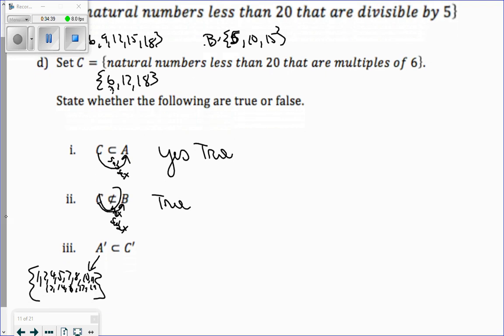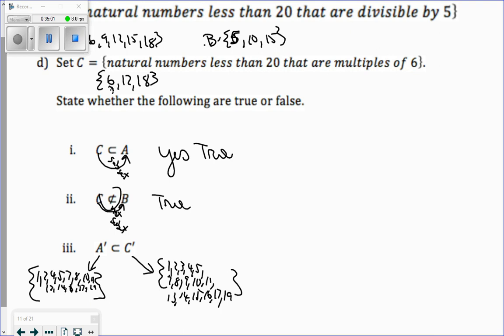Right? Not A. What's not C? So C is 6, 12, 18. Oh, goodness gracious. So not C would be 1, 2, 3, 4, 5, 7, 8, 9, 10, 11, 13, 14, 15, 16, 17, and 19.